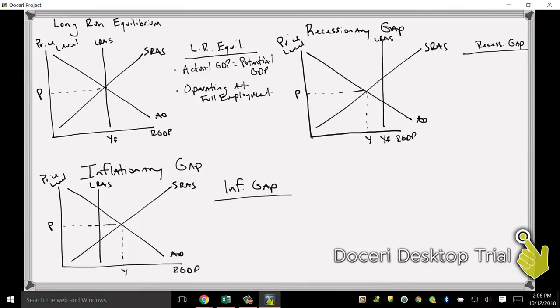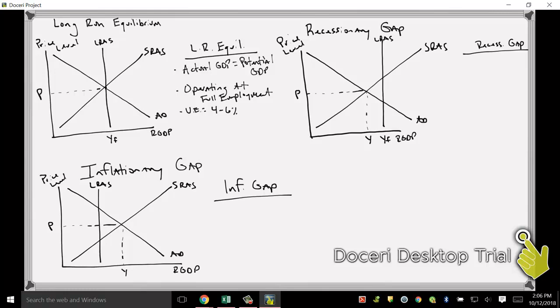And the last thing we need to know about this long run equilibrium is that our unemployment rate at this time is going to be equal to 4 to 6%. And so those are some things that we know about an economy that's in that long run equilibrium position. Okay?